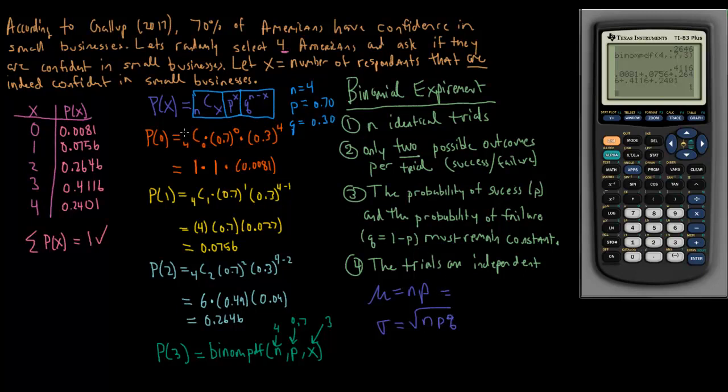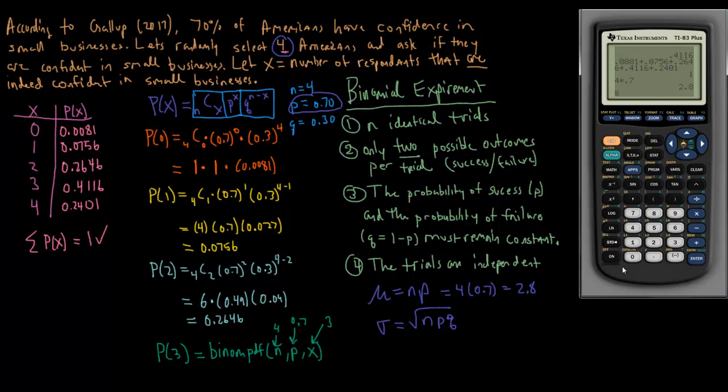So what's NP? Well, N is 4 and P is 0.7, so N times P is 4 times 0.7, which equals 2.8.